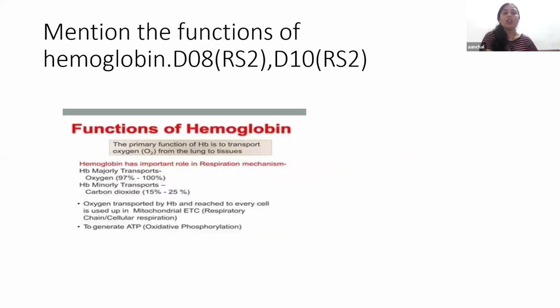Now, next we have the functions of hemoglobin. The function of hemoglobin is very important, as it has already been asked in various previous year questions, so please remember all the functions. The main function of hemoglobin is the respiratory mechanism: oxygen is transported, and it is very important for ATP generation.